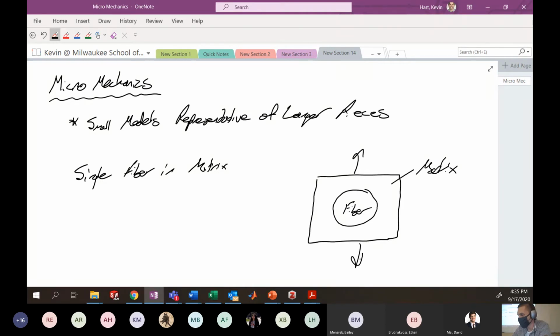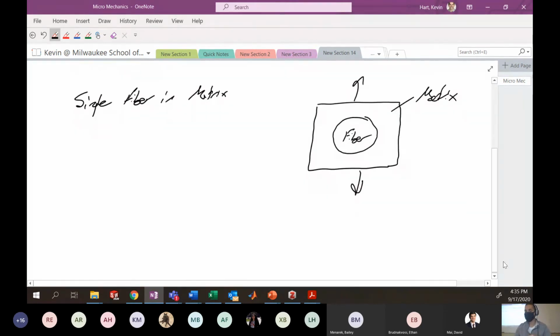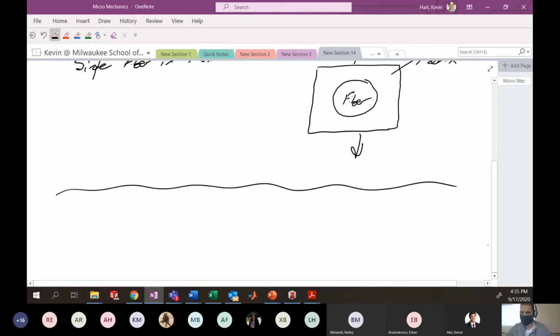Then if I thought about replicating this little model over and over and over, that would be representative of a full composite. That's the general idea. So that's the foundation for what we're going to do over the next week to week and a half with these particular models. So away we go. A little introduction to micromechanical models.